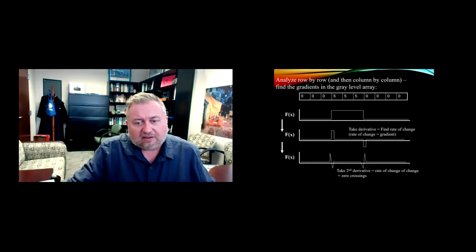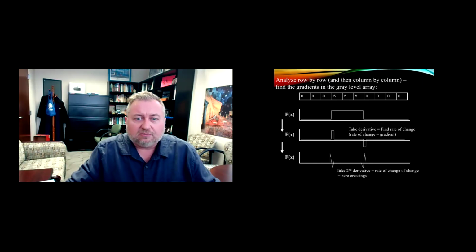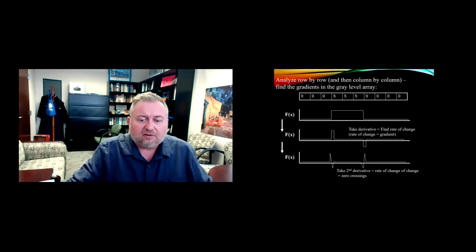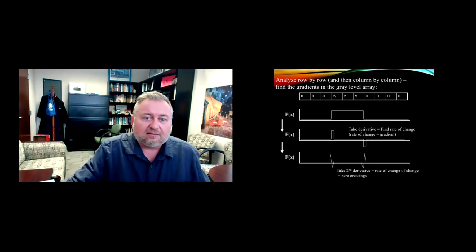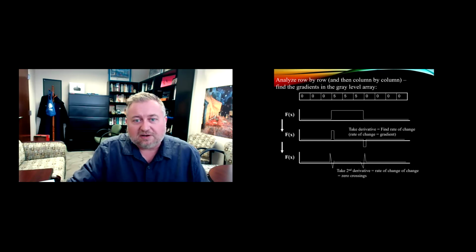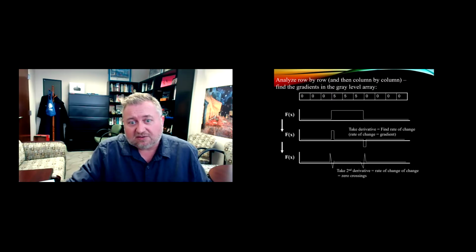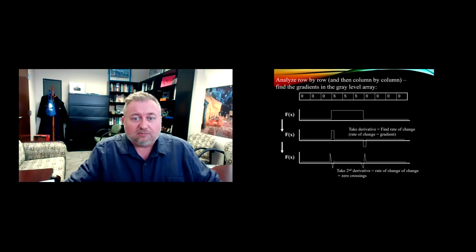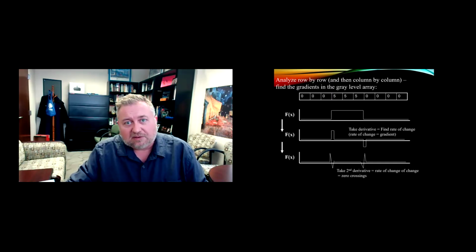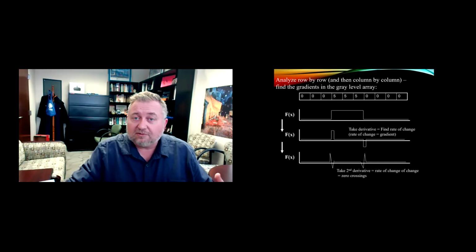So by doing this second derivative across the array of numbers, all that we need to do now is count the number of zero crossings, right? And we will count 2, of course, right? And so if we count 2 zero crossings, we can then say there are 2 edges in this row of numbers, and then we're going to shift down to the next row of numbers and do this again, right? And then we'll shift down to the next row and do this again.